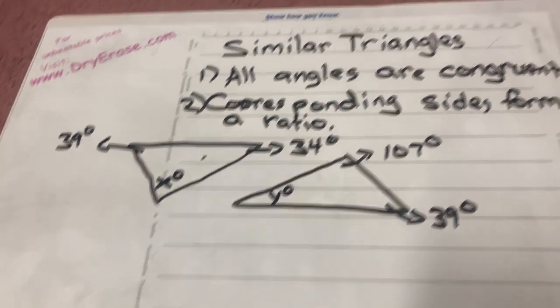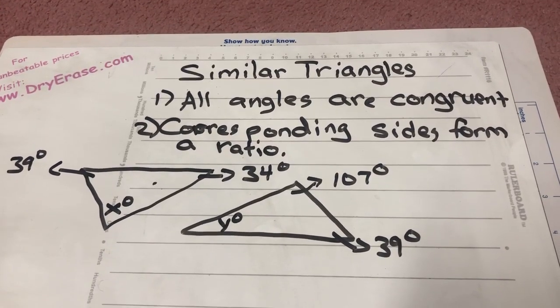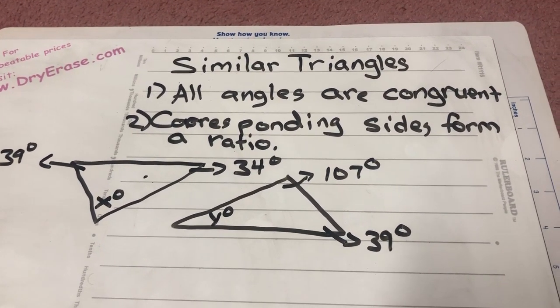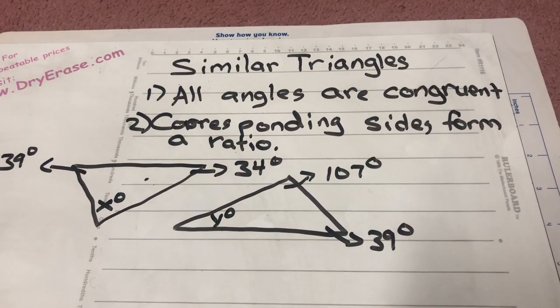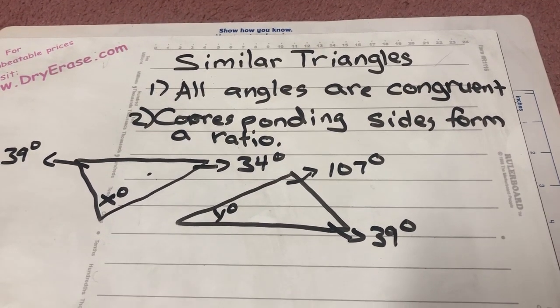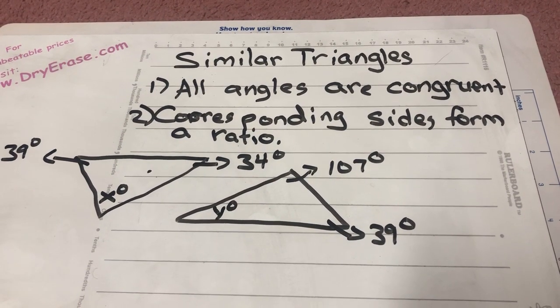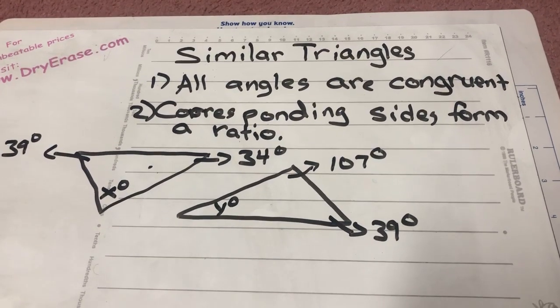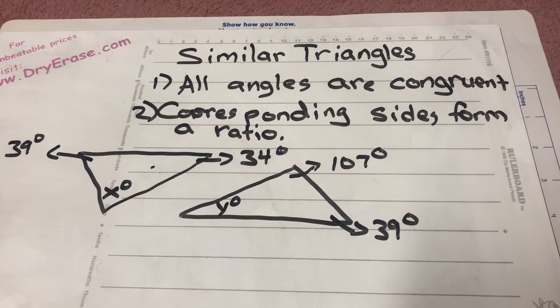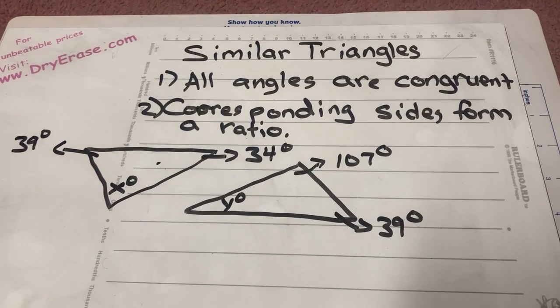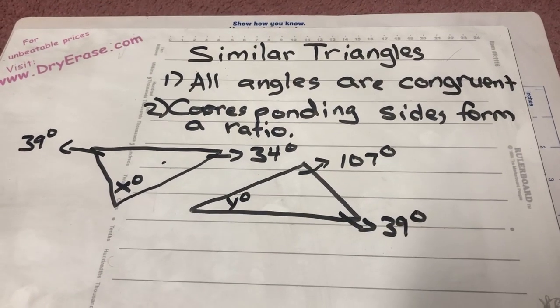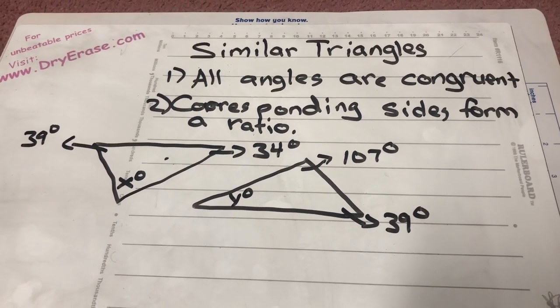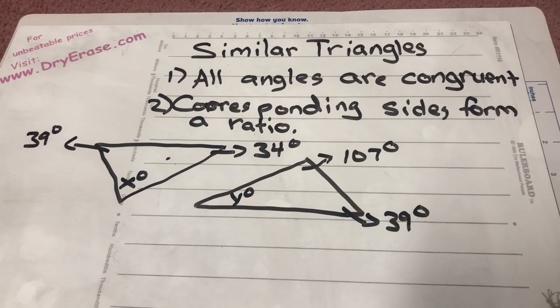So we know that similar means number one, all angles are congruent, and number two, corresponding sides form a ratio. We're not going to be focusing on the idea that corresponding sides form a ratio. That'll be for another time. But essentially, in simple terms, 7th grade, what that means is that the triangles may not be the exact same size. One may be bigger than the other, one may be smaller than the other.